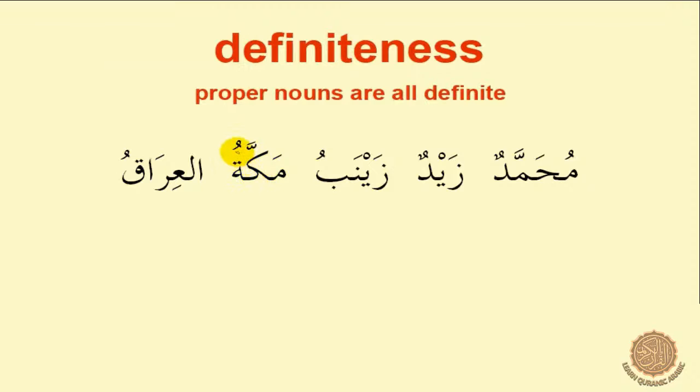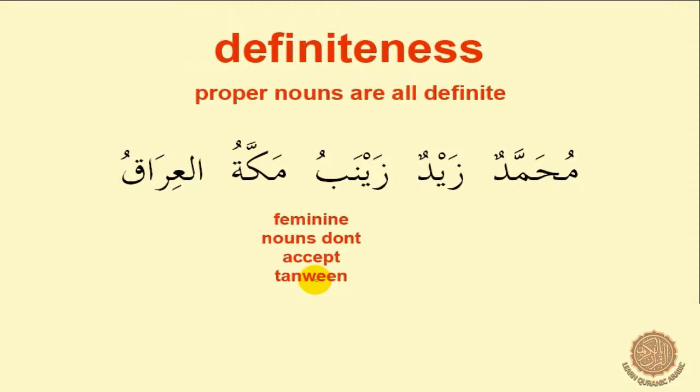And it only takes one damma. Now the point is with feminine proper nouns, they don't accept tanween, with rare exceptions. So there are exceptions to these rules, and we're just learning the basic rule. And all the exceptions will be taught later on as you progress in your studies, inshallah.